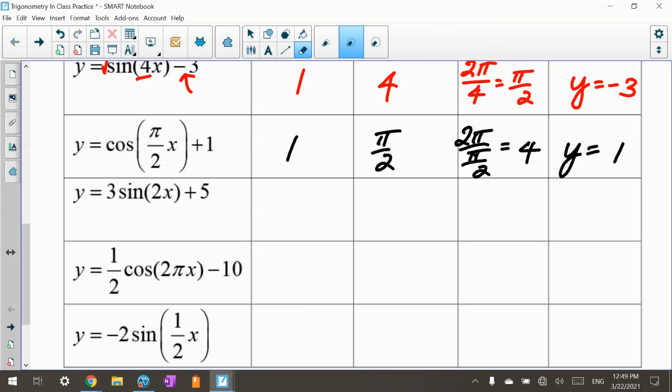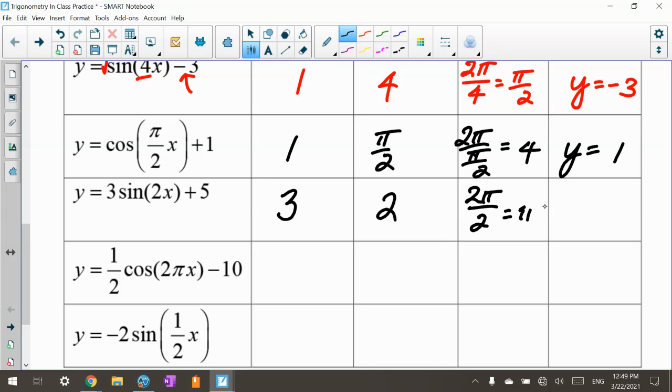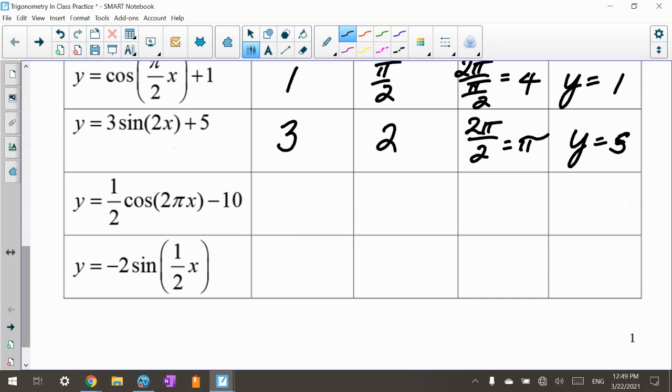A few more to go here, guys. If you want to stop this and come back and see if you did it right, go for it. Amplitude's 3, frequency's 2, 2 pi over 2 is my period, or pi, and y equals 5 is my midline. So this poor graph was stretched vertically, compressed horizontally because I see 2 curves in 2 pi here, so my period is pi, which is half of 2 pi, and it's been shifted up because my middle is 5.